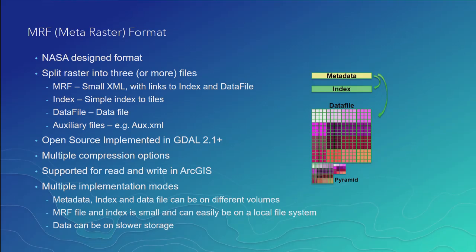It provides you with varying types of compression options, including LERC, which we recommend. I can give you more information about LERC probably after the presentation, or even if you come by the island. This is natively read by ArcGIS. So the MRF file format is now natively read by ArcGIS, and it can be written out by ArcGIS as well.